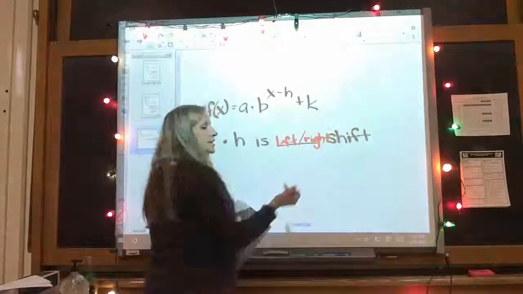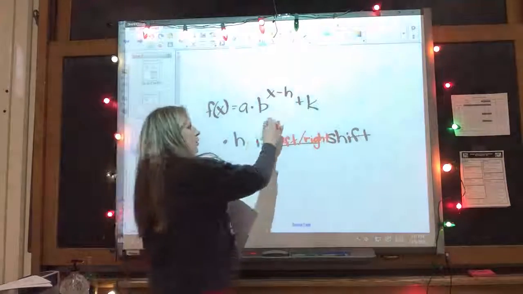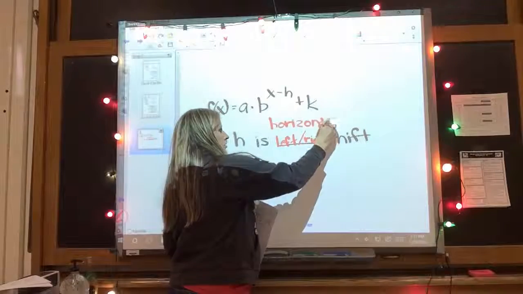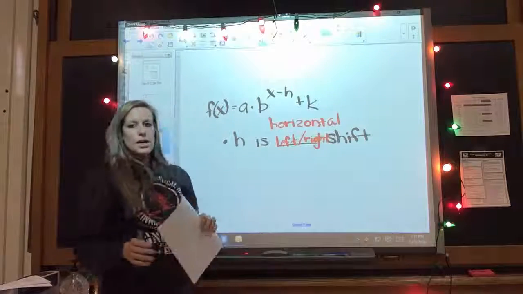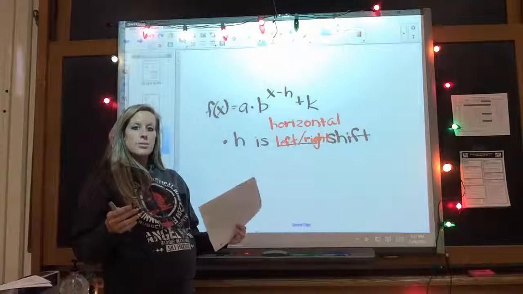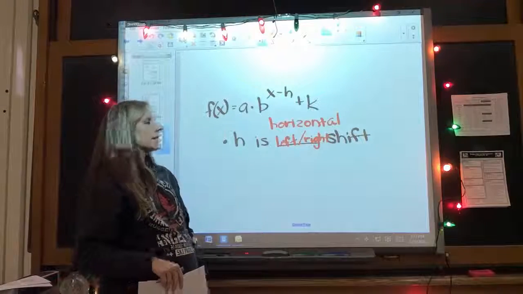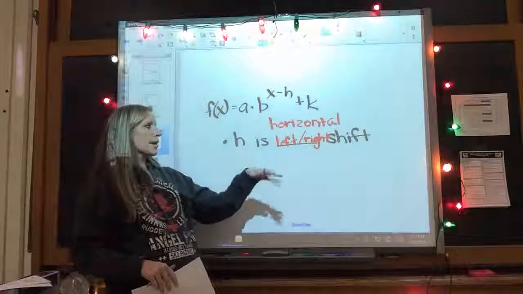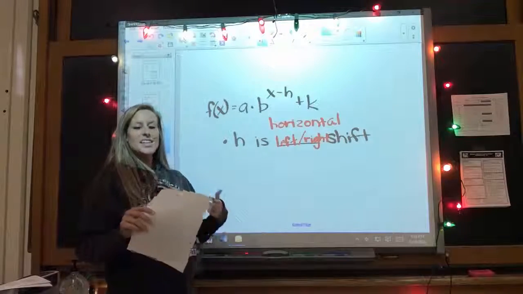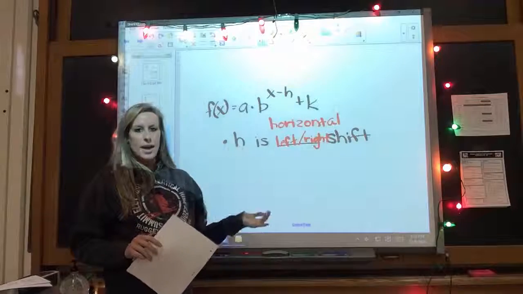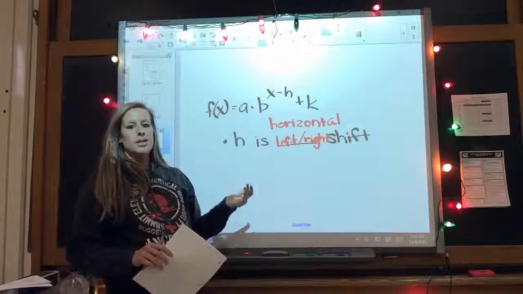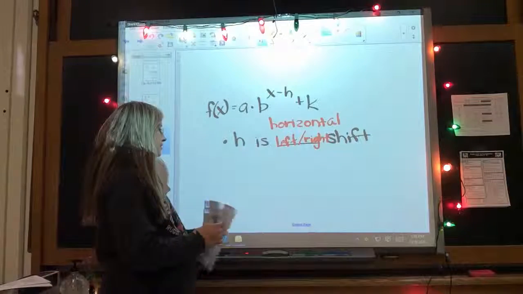The better way to say it is that this is a horizontal shift. Okay, it's either going to move to the left if it says x minus a number. Remember, it does the opposite. Or it's going to move to the right. I said that wrong. If it says x minus a number, it'll move to the right because it's the opposite. I'm sorry. Or if it says x plus a number, it'll move to the left.